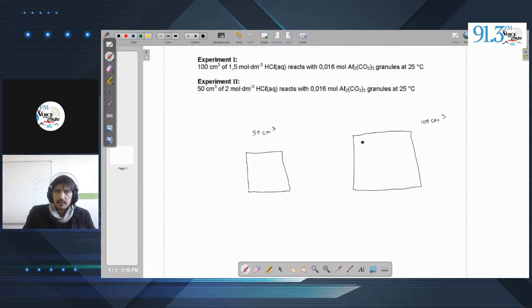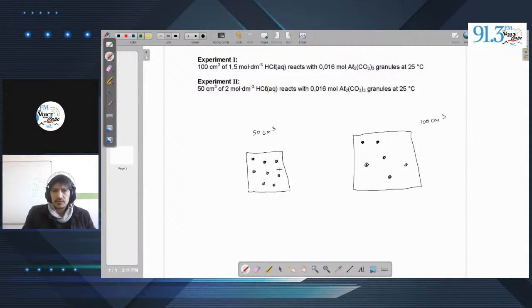So essentially, the particles that we have here, let's say we have 1, 2, 3, 4, 5, 6 particles, right? This represents the concentration. 1.5 mole per decimeter cubed is represented by this. But here we have 2 mole per decimeter cubed. So we can say, instead of this being 6 particles, this is now 9 particles.